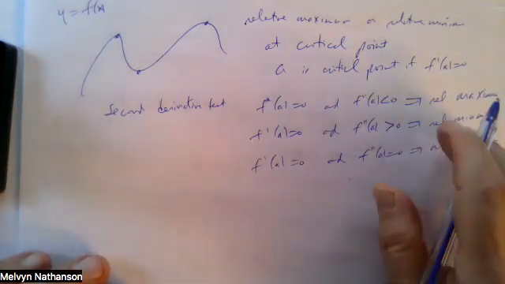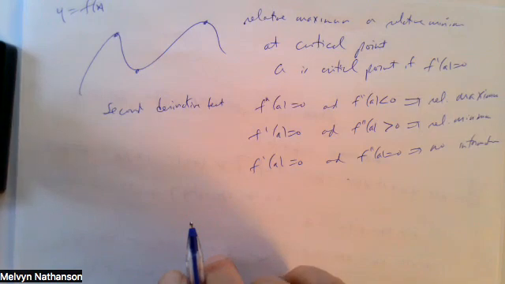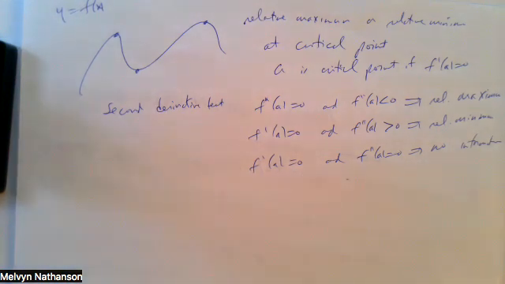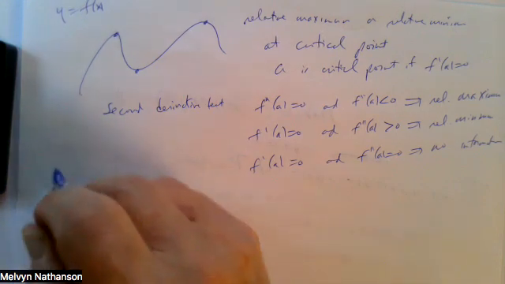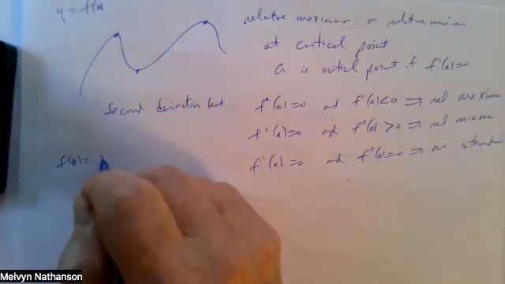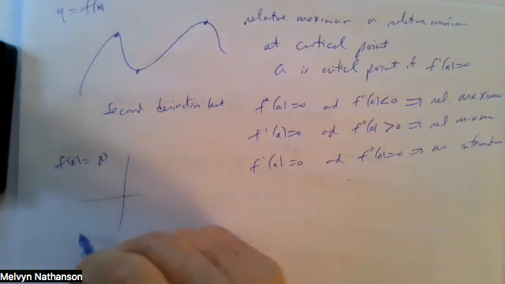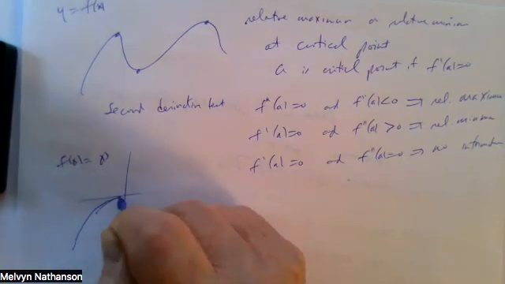So this doesn't give you a complete criterion for finding maxima and minima, but it often does give you the information. When does it fail? Well, you could have a function like f of x equals x cubed. The graph of that function looks like this.